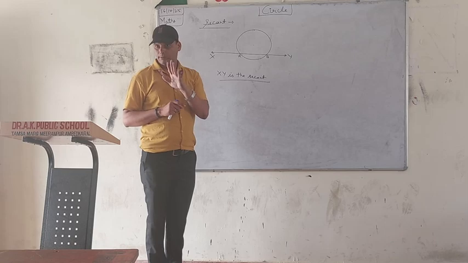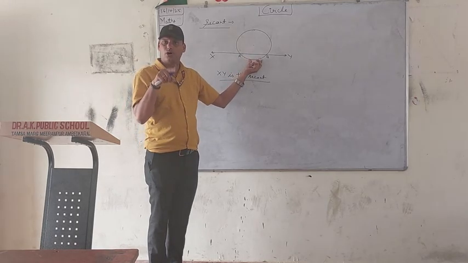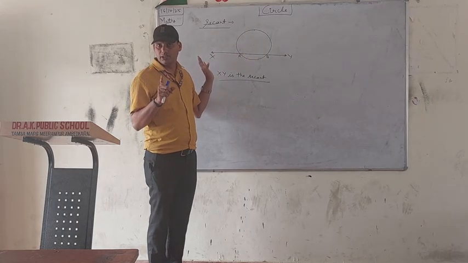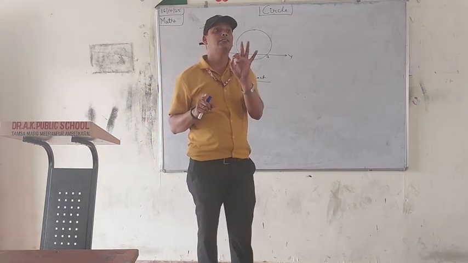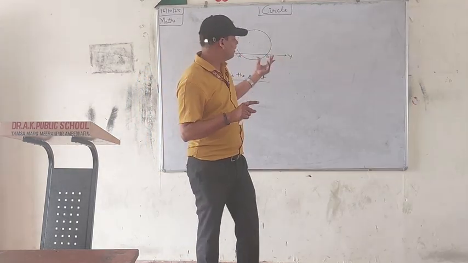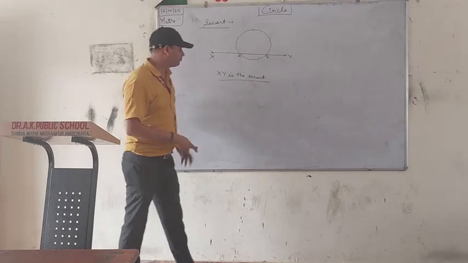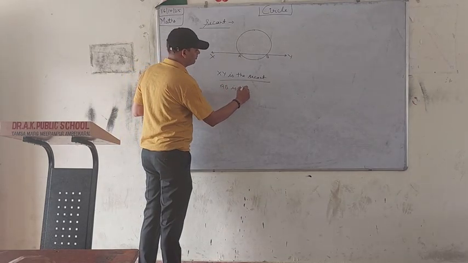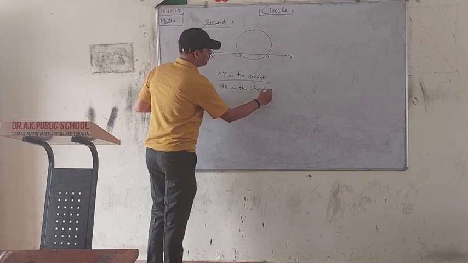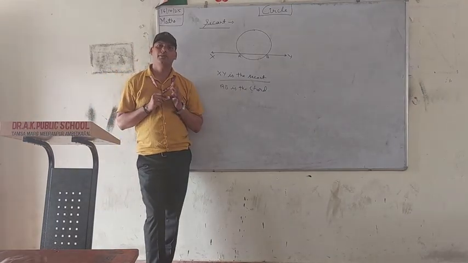If someone asks you, you should be clear. You can call AB a chord, but you cannot call XY a chord because in a chord we use the words line segment, but in a secant it is a line. Clear? So we can also write AB is the chord. Clear? Anyone have a doubt here?